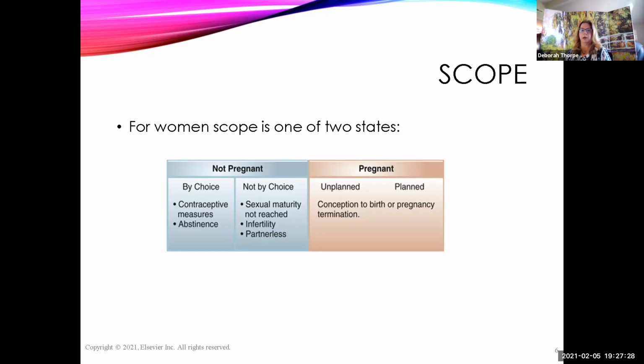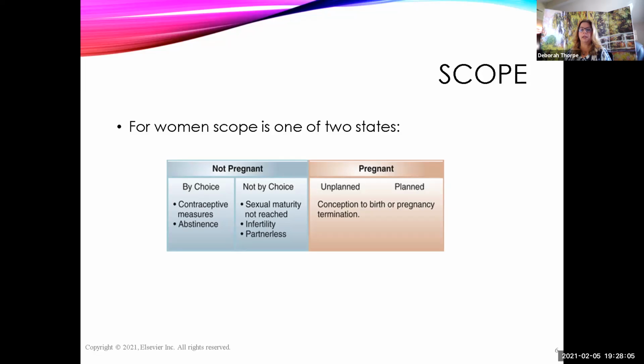Individuals who have not yet reached sexual maturity, so you're young, children really, and are infertile. This group also includes women who have reached menopause. And those who have reached sexual maturity but are fertile but partnerless. I think that's it.